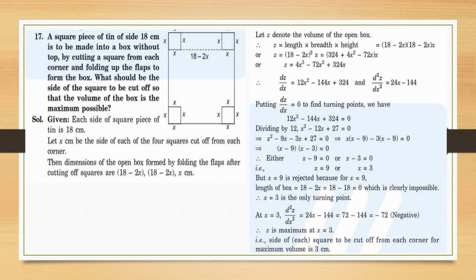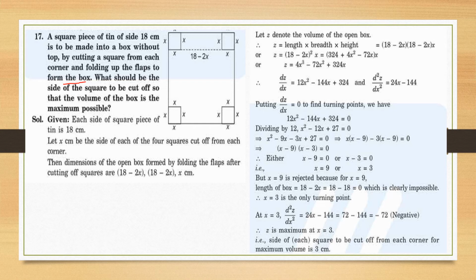A square piece of tin of side 18 centimeter is to be made into a box without top by cutting a square from each corner and folding up the flaps to form the box. So this is a square sheet of side 18 centimeter, and a square of length x is removed from each corner.